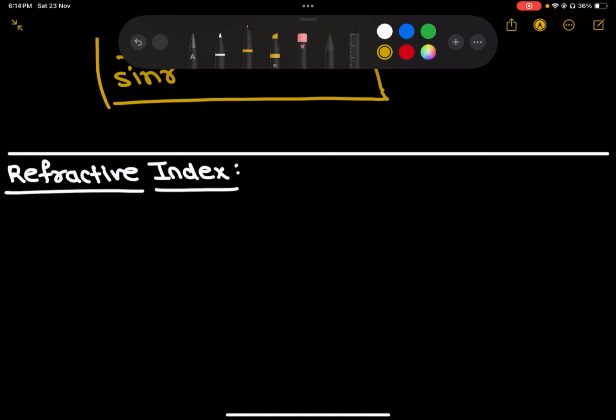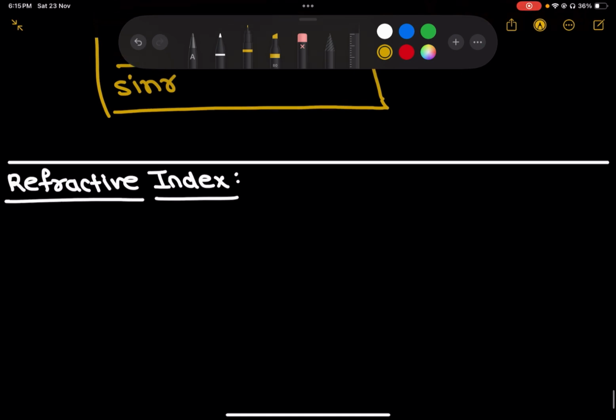By what factor did it change direction? That is known as the refractive index in layman's language. So the extent of the change of direction that takes place in a given pair of media is expressed in terms of refractive index.